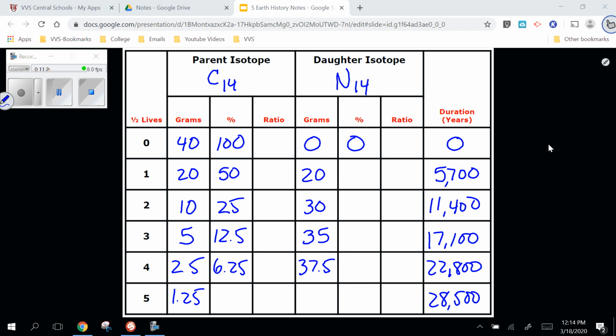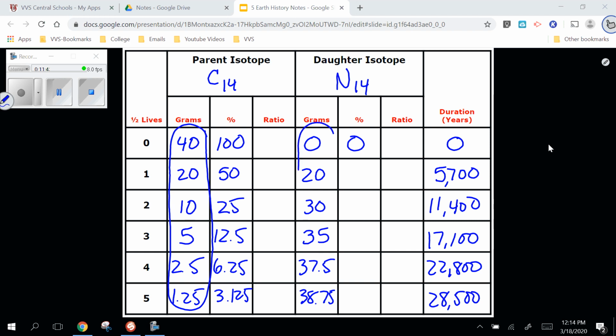That 1.25 goes onto here, so that's 38.75 grams of nitrogen. And we're down to 3.125% carbon-14. Notice how in this column, the number of grams of carbon-14 got less and less.